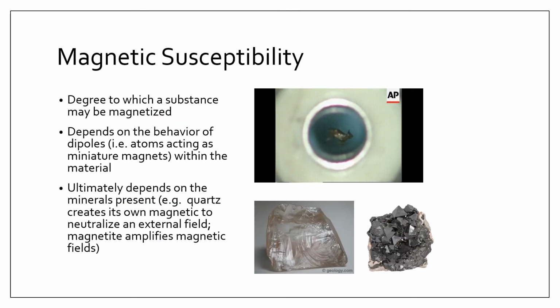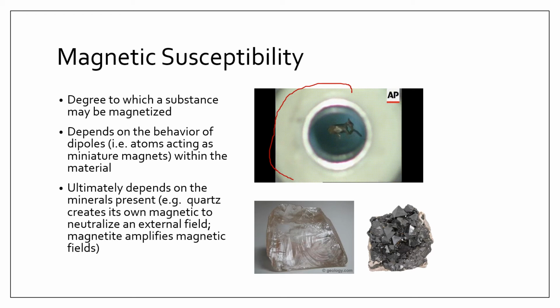The next property is the magnetic susceptibility, which is important in magnetic surveys. Magnetic susceptibility refers to the degree to which a substance may be magnetized.